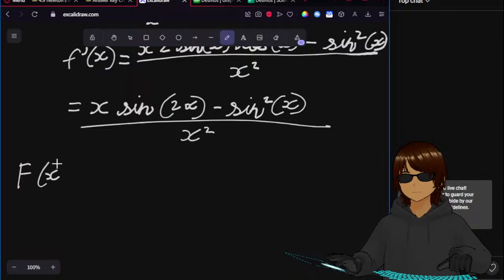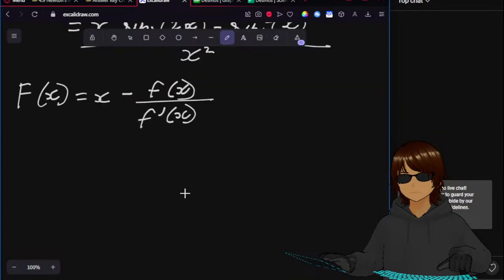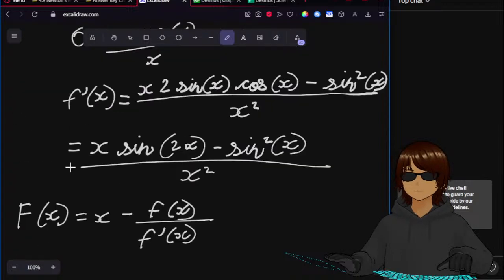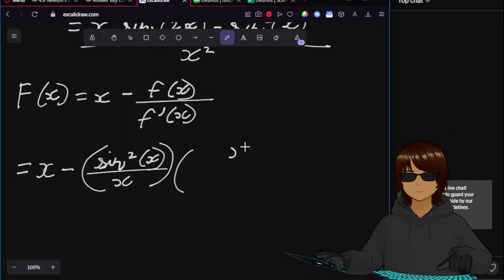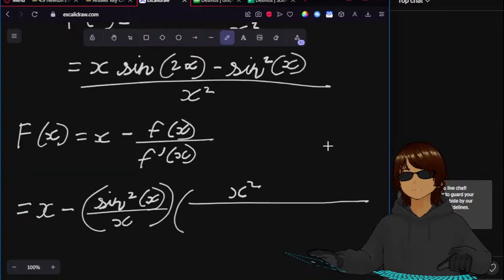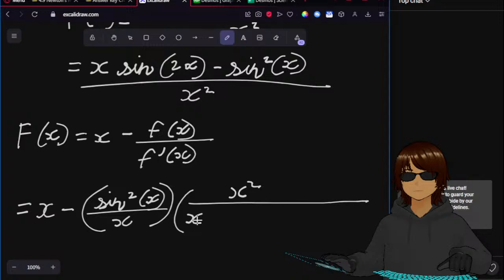So minus sine squared x over x. And then I think it's better if I take this and cancel one of the sine x. So x, 2x sine x cos x.